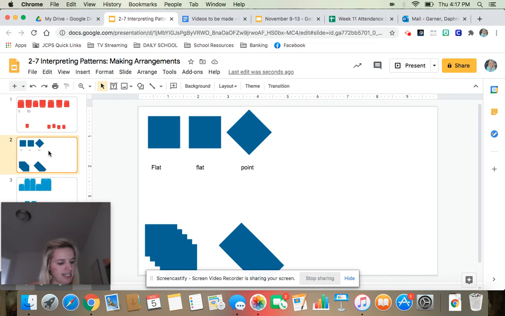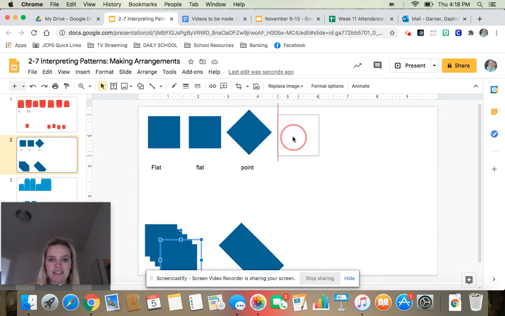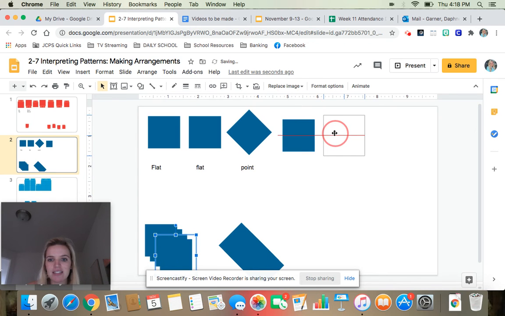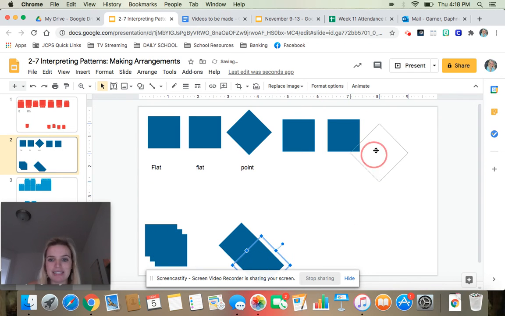Let's look at this next pattern. We have the same shape here. I see square, square, square, but the squares are turned different ways. See, here we have a flat top, and then a pointy top. So flat, flat, point. So now we need flat, flat, point.